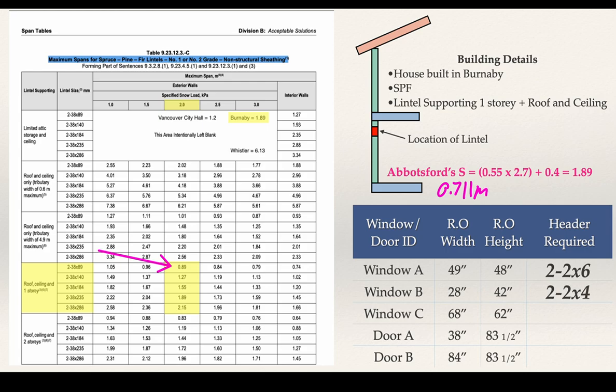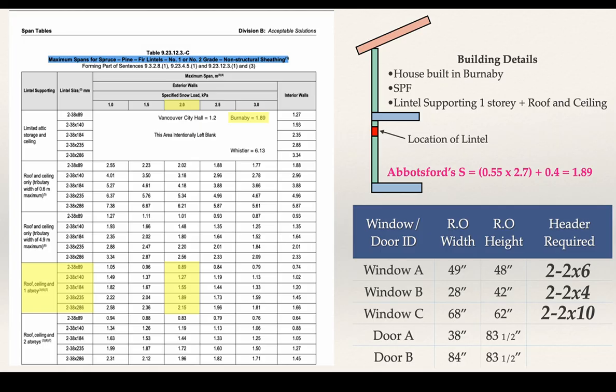So we can get away with a double 2x4. 68 inches times 25.4 is 1,727 millimeters, so 1.727 meters. So let's look. No 2x6, no 2x8. We're going to have to go to a double 2x10 for that big wide window there.